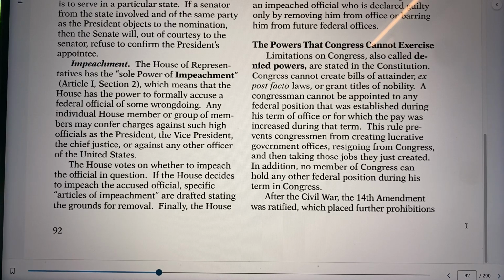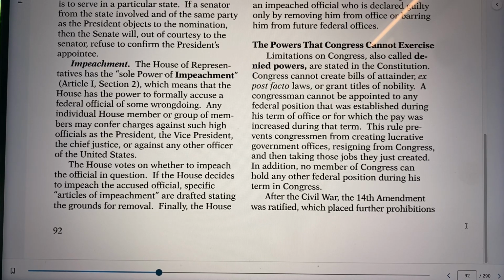Any House member can accuse an executive, whether it be the president or the vice president or a judge or anyone in the federal courts. And of course, this includes the high officers such as the president, the vice president and chief justice. So the House votes on whether to impeach or not.